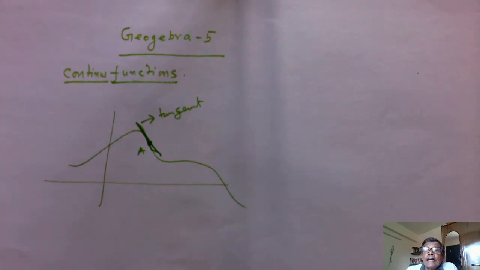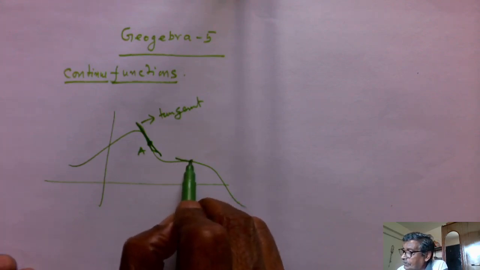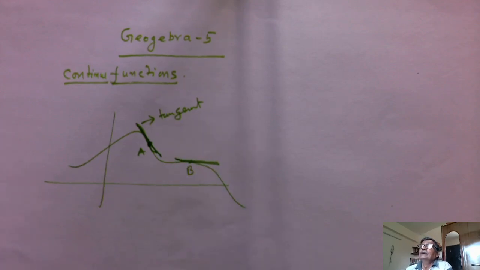Okay, and at this point it will be somewhat like this. So another point B, you can find out the slope of the function. Slope of the function is the value of the derivative at that point.